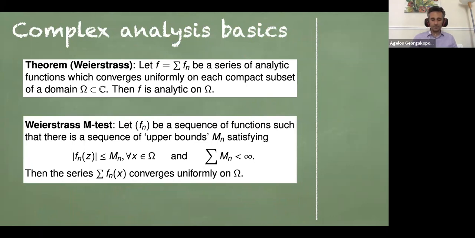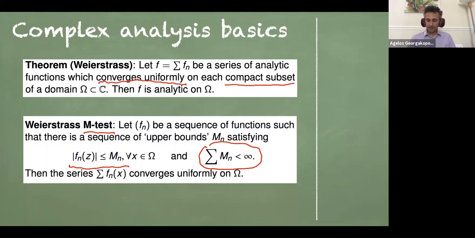We have a criterion here for when a series is analytic. You want it to converge uniformly on compact subsets. And when do such functions converge uniformly on a compact subset? We have the Weierstrass M-test as a certificate. You want to have upper bounds for the members of your series, which upper bounds add up to something finite.